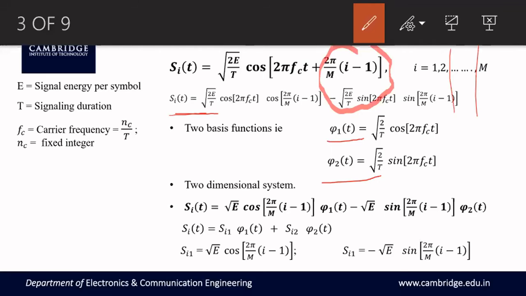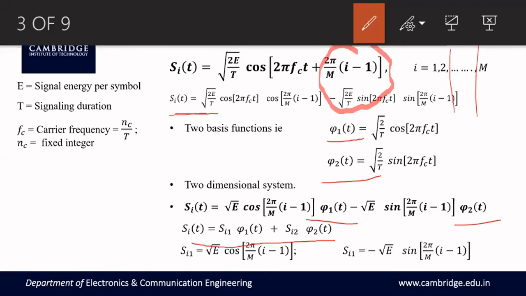So we can put phi 1 and phi 2 back into the original equation. We will get finally s_i(t) as root E cos of the phase into phi 1 minus root E sin of the phase into phi 2.